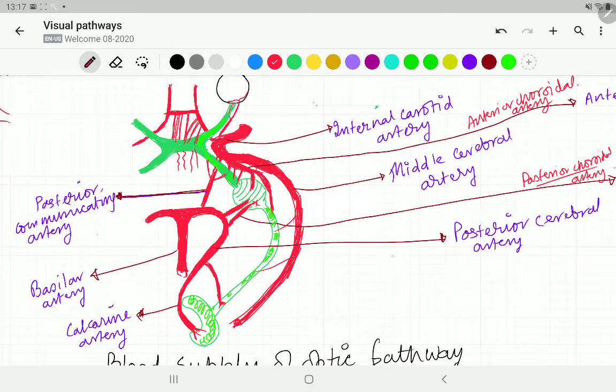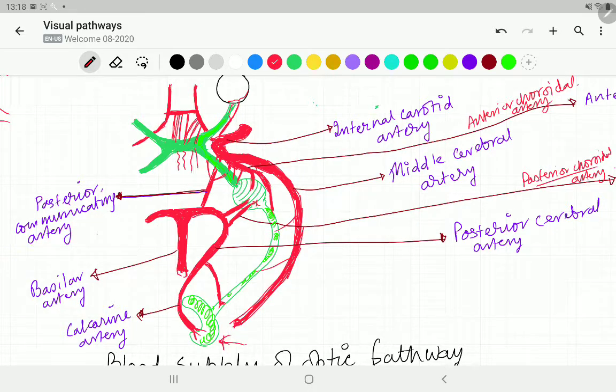Next comes the optic radiation. The optic radiation has a predominant blood supply from the middle cerebral artery, but part of it is also supplied by the posterior circulation, mainly by the posterior cerebral artery. And last but not least, the occipital lobe is predominantly supplied by the posterior cerebral artery.